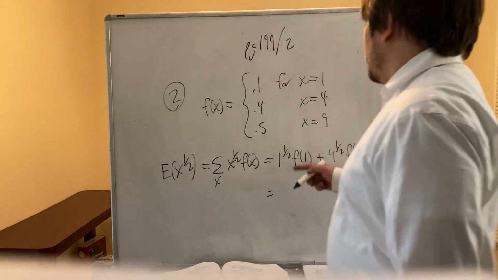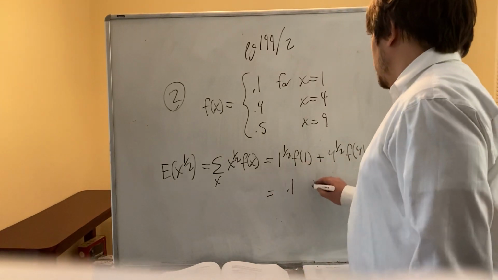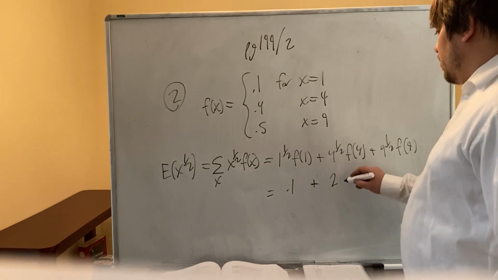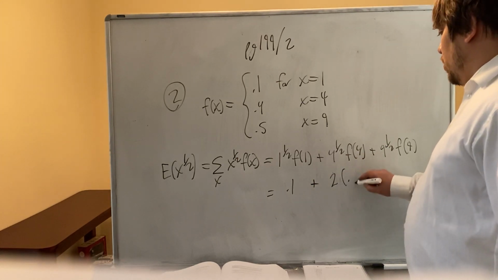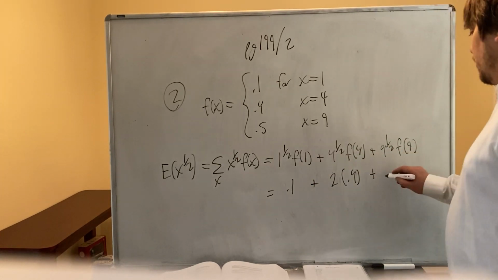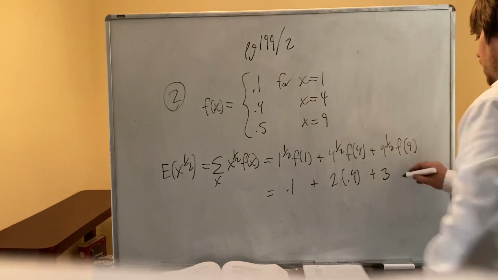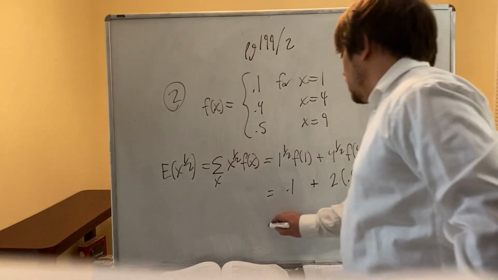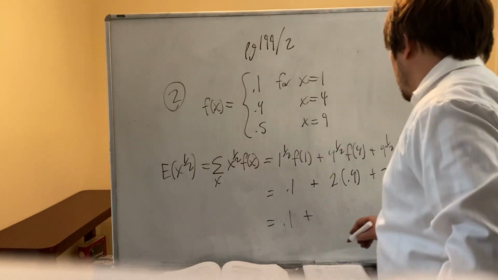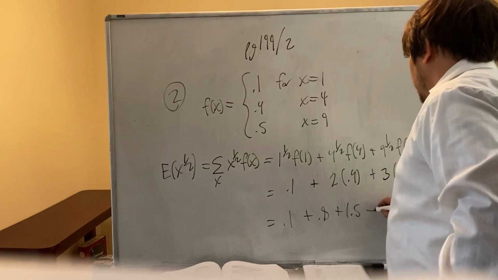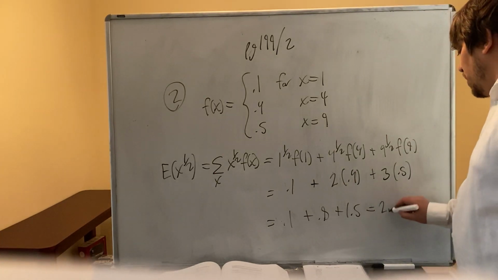So that's equal to 1 times f of 1, which is 0.1, plus 4 to the 1/2, that's the square root of 4, which is 2, times f of 4, which is 0.4, plus 9 to the 1/2, which is 3, times f of 9, which is 0.5. And so this is equal to 0.1 plus 0.8 plus 1.5, and that's equal to 2.4.